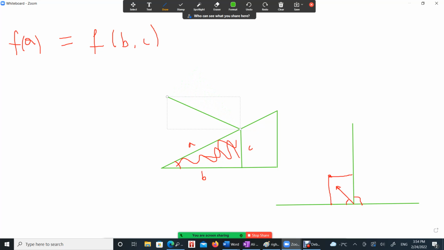And it could either be, let's say, of an acute angle less than 90, or it could be of other forms.